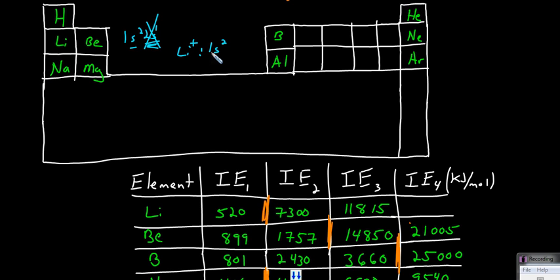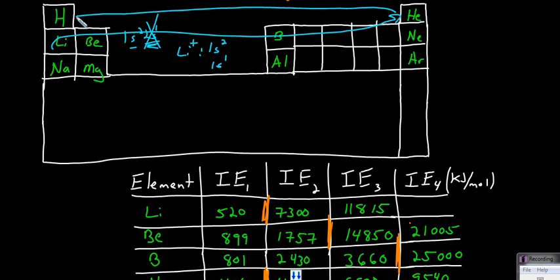It is relatively quite stable, and it is very difficult to remove an electron from that to do the second ionization, because that gets rid of the noble gas configuration. Yes, it's easy to remove one electron from lithium. That makes it just like helium, a noble gas. But it's really hard to remove a second electron from lithium, because that makes it just like hydrogen, which is not a noble gas. So low first ionization energy, high second ionization energy.